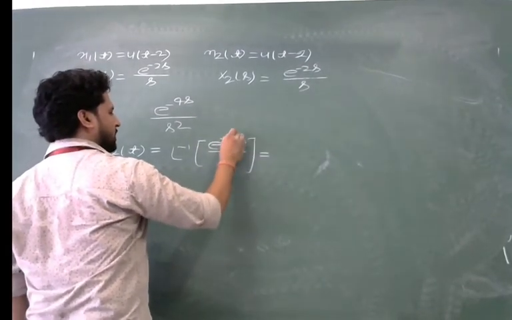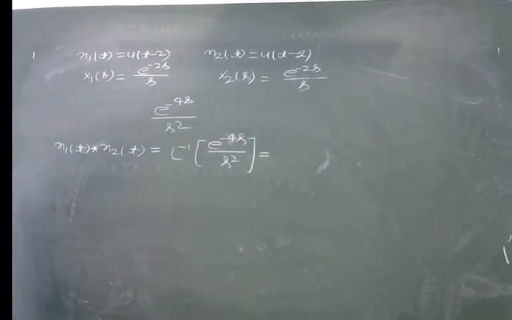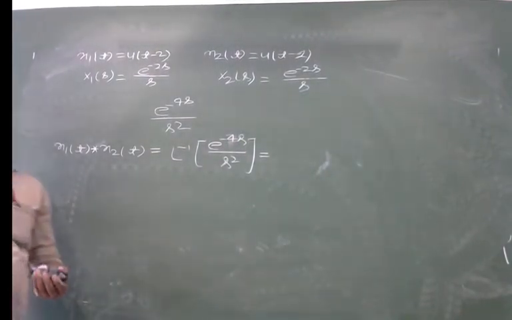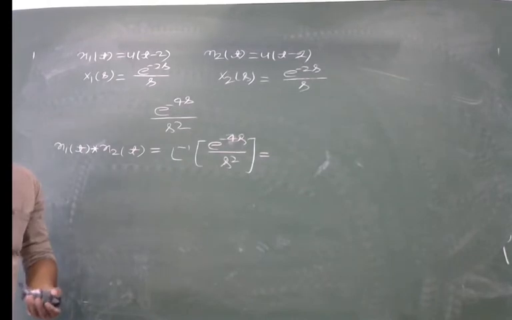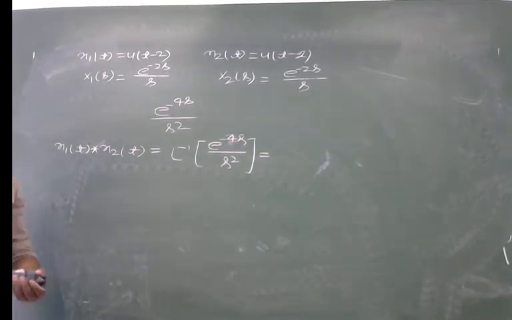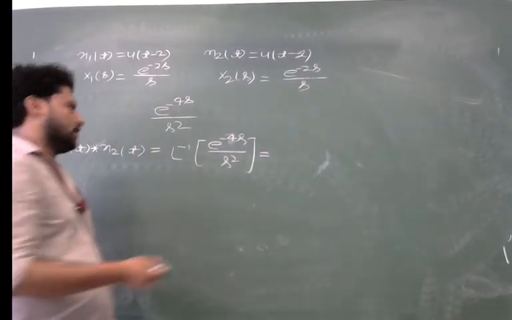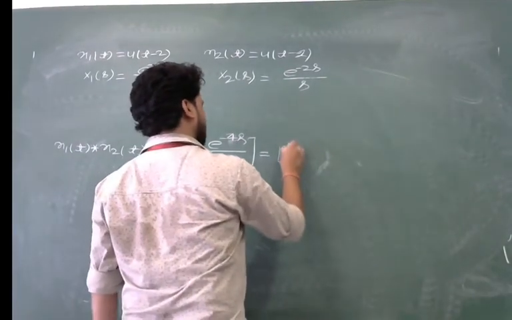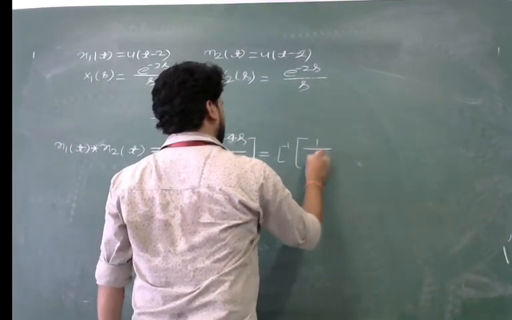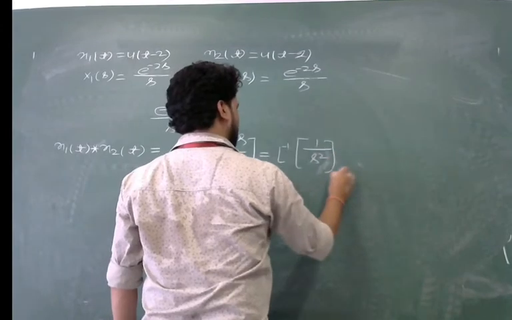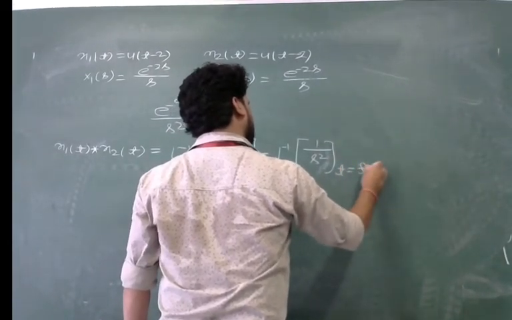e power minus 4s upon s square. Because it is multiplied with e power minus 4s, it means that the signal in the time domain will be shifted by 4. So in place of t in the time domain, I will put t minus 4. So this will become inverse Laplace transform of 1 upon s square, where t will be equal to t minus 4.